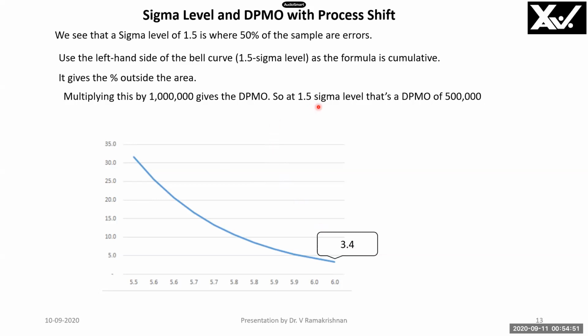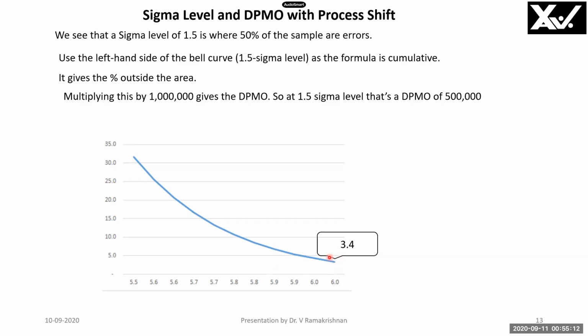So at 1.5 sigma level, the DPMO is 5 lakhs because 50%. At this point, the right-hand side area is 50%. So 50% of 1 million is 500,000, 5 lakhs. Therefore, defects will be 500,000 for the entire area.